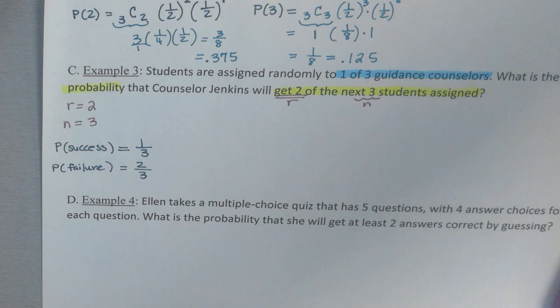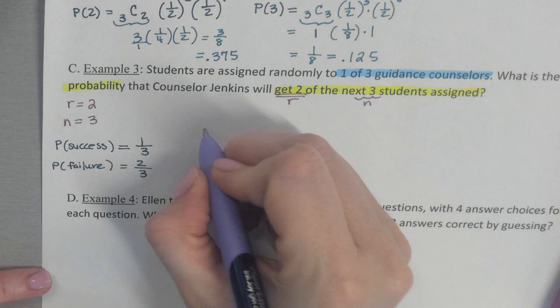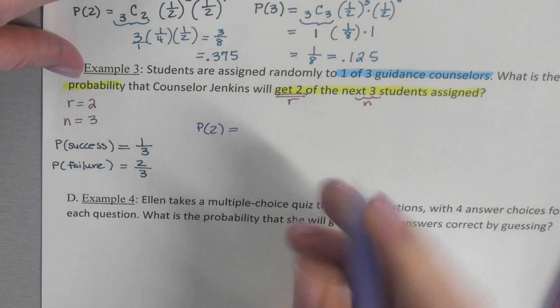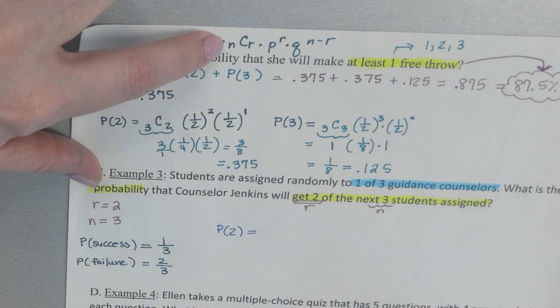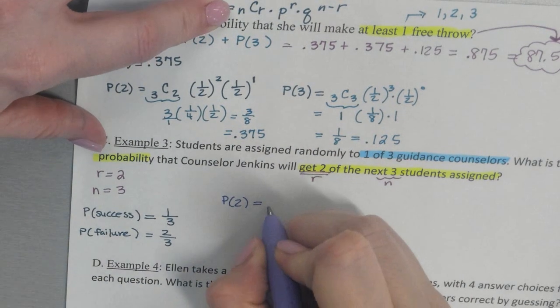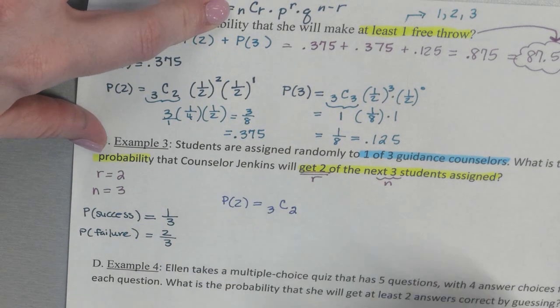All right. So now we're going to use our formula. So the probability of exactly 2, we're going to do the NCR. So again, I wrote mine right here so I can look at it. So my N value is 3. And then out of 3, there's going to be 2 of them that we're seeing.